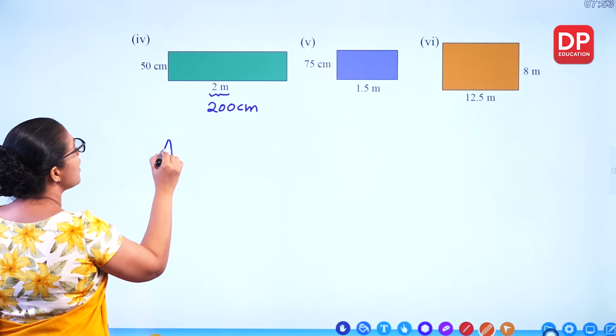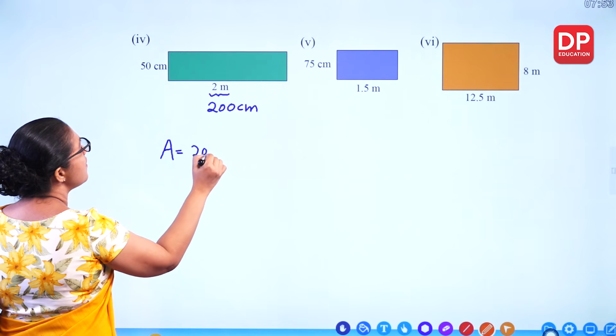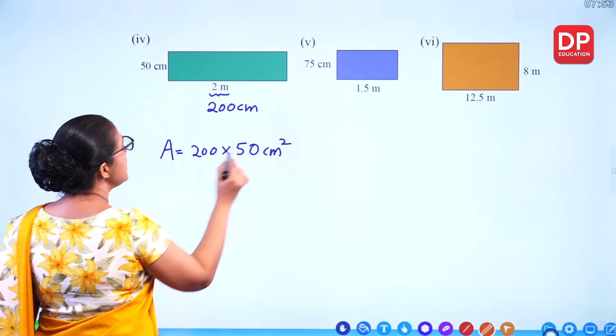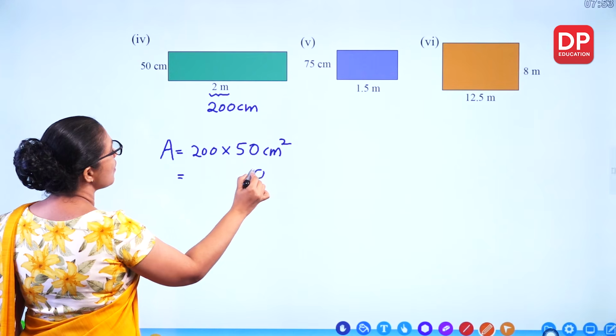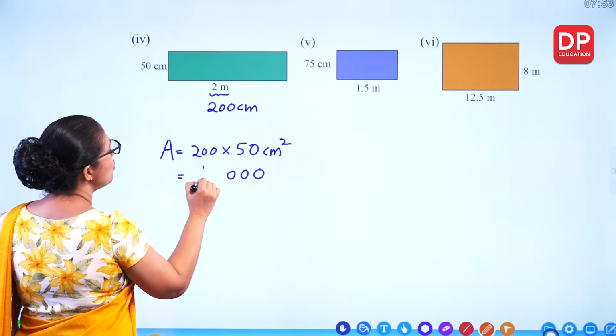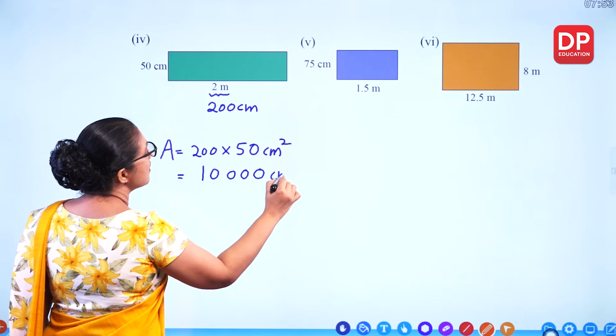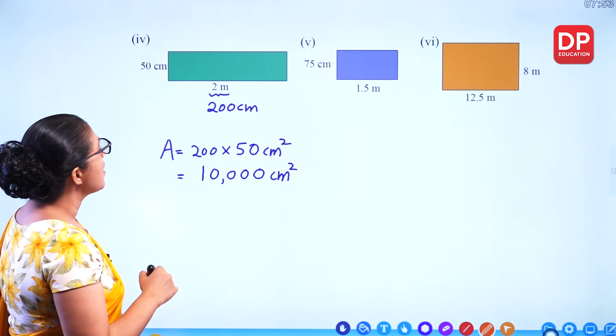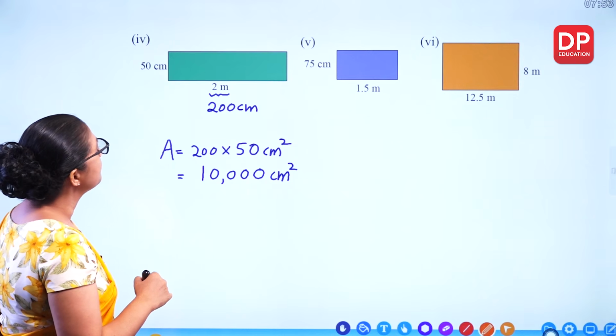Now we can find out the area. 200 into 50. This is in square centimeters. 5 times 2, 10. So you get 10,000 square centimeters.